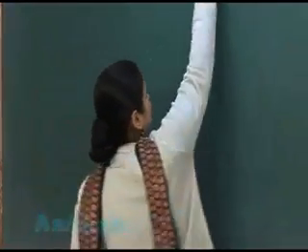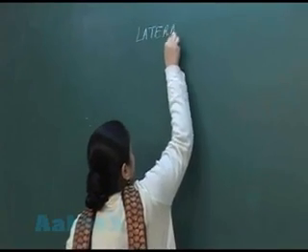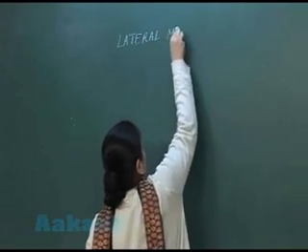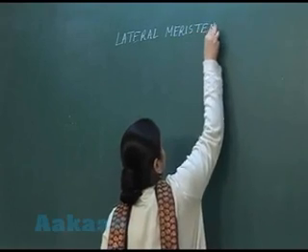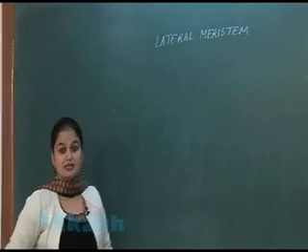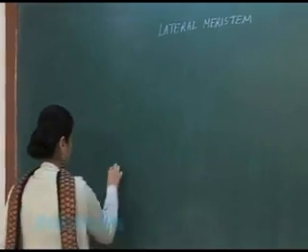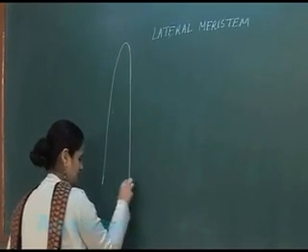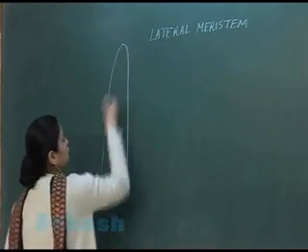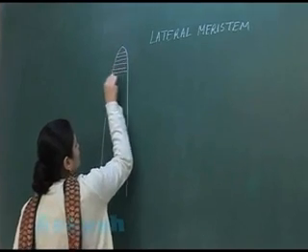Lateral meristem. As the name suggests, the lateral meristem is present on the sides of the organ. Yes, let's say this is our shoot. In the shoot, if the meristem is present here, what is this meristem known as?